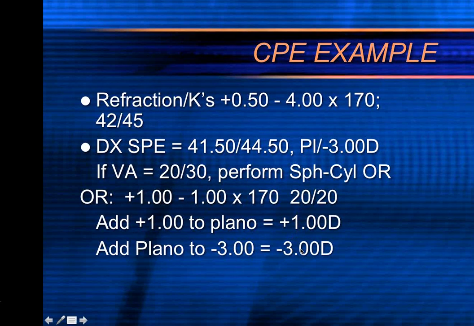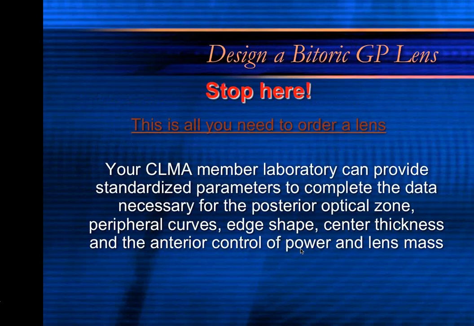So with cylinder power effect bitorics, you just simply add the overrefraction in a meridian to the power of the diagnostic lens in that same meridian. Really, you can stop here, with the technology that you've already witnessed that these laboratories have, and what they can do with peripheries, what they can do with center thicknesses and designs.